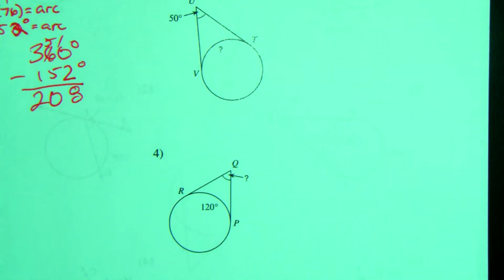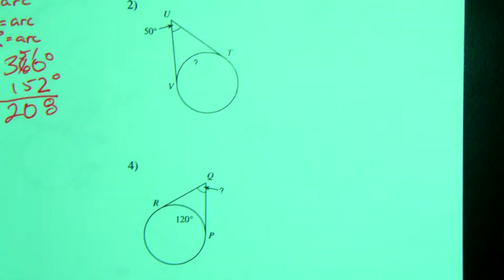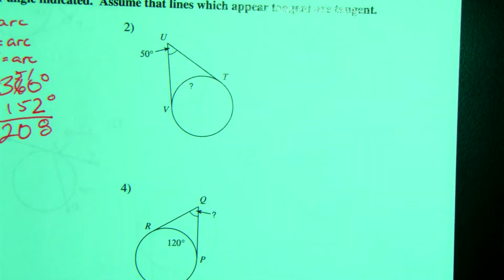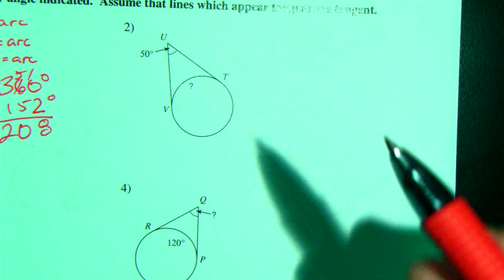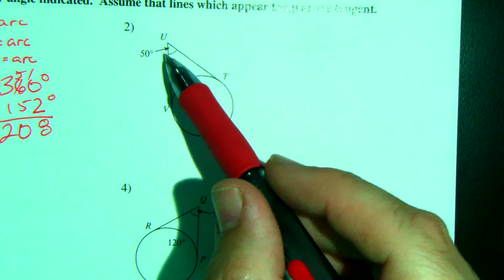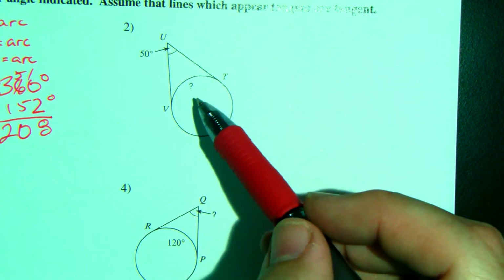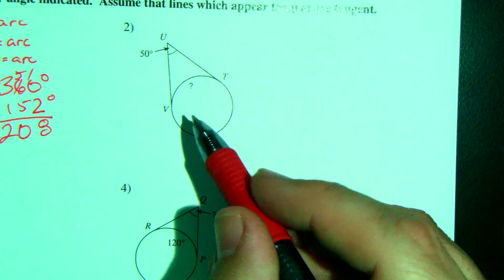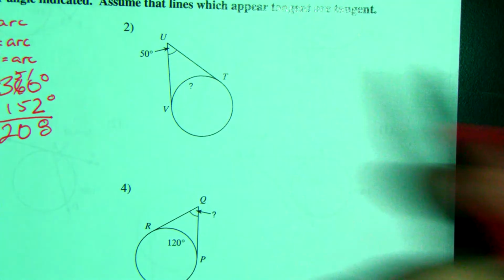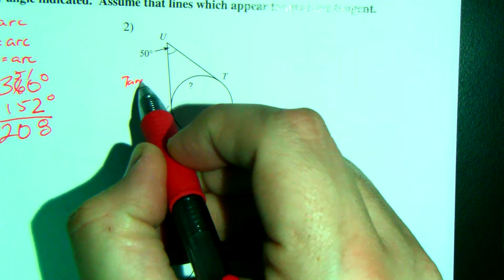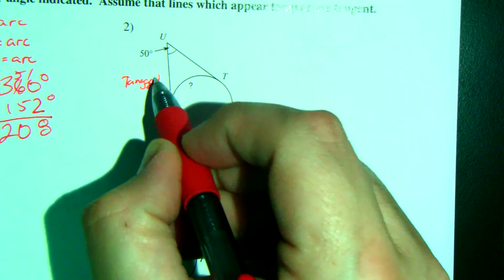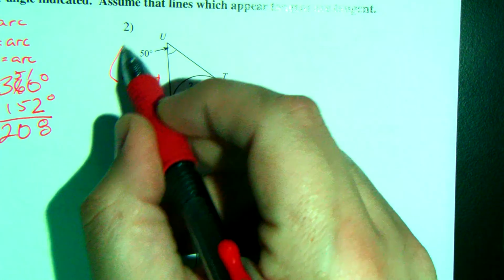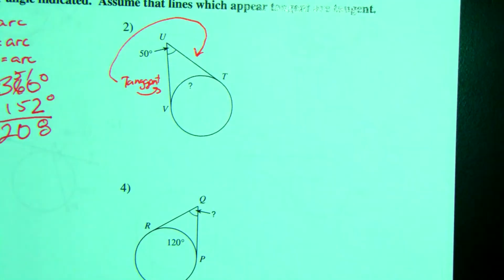Now, here's an issue. Alright, I got an angle. This is the ice cream cone picture. Now, this is a tangent right here, and this is a tangent. So when you get your two tangents, they create this ice cream cone.